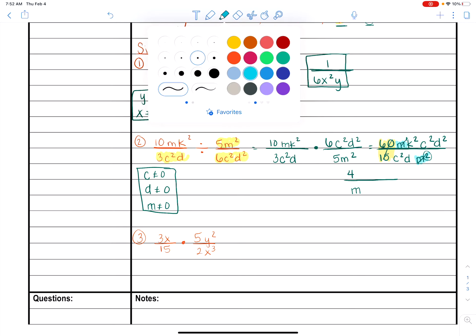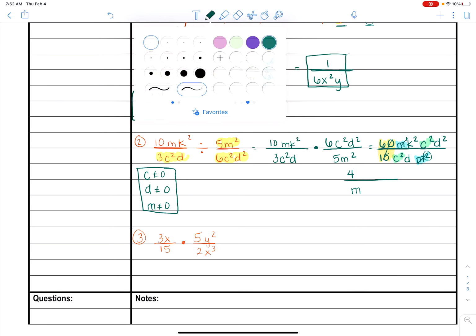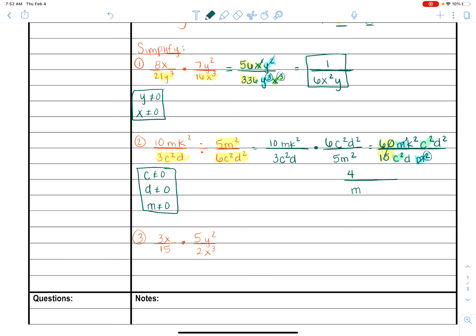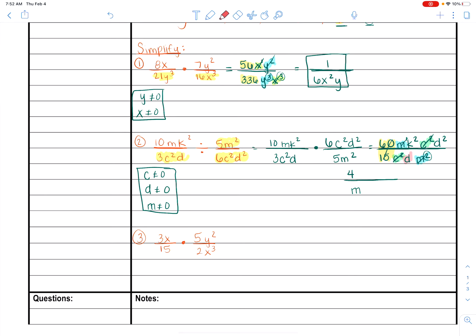Okay, then we're going to look at, I have C squared and C squared. Well, if I subtract those, I get an exponent of 0, which really just means I have 1 whole. So the C's are completely gone. They have simplified themselves. All right, last, I have 1 D on the bottom and 2 on top. So I'm going to be left with the D on top, and the exponent is 1 because 2 minus 1 is 1.